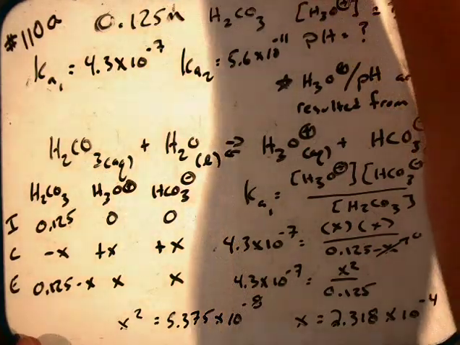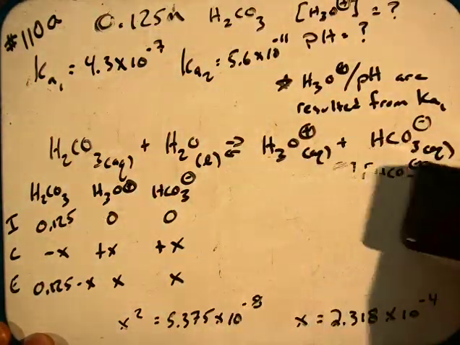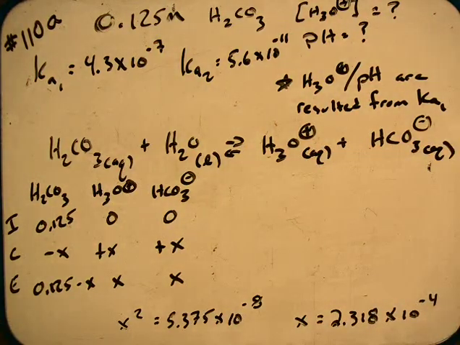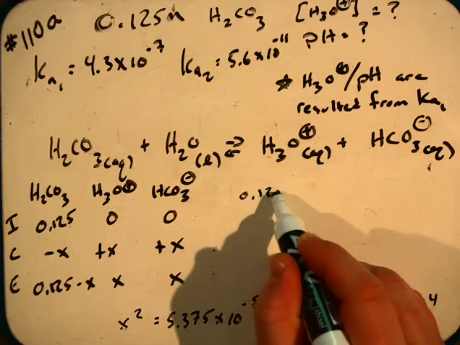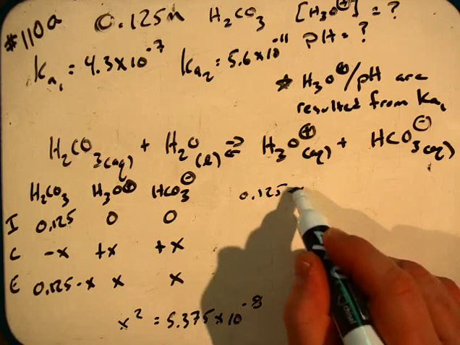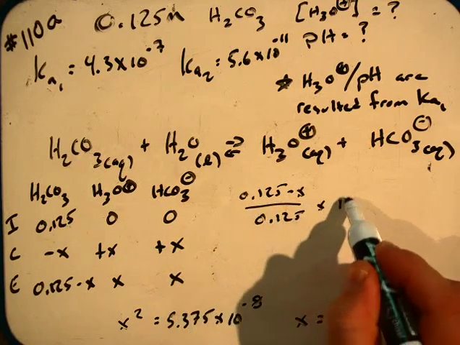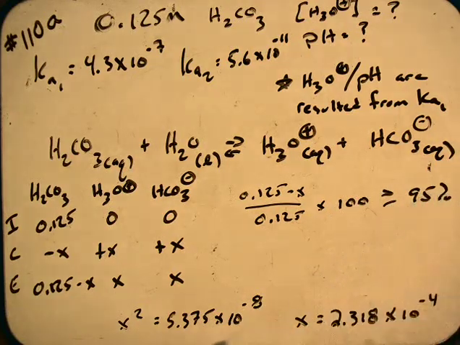Kind of running out of space here, so I'm going to have to erase some of this. In order to check, we would take our 0.125 minus our x over 0.125 times 100. And remember, we want that to be greater than or equal to 95%.